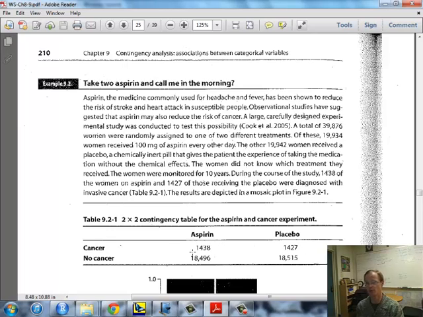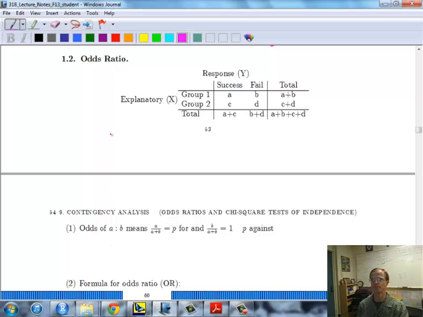So I've got a cancer group and a no cancer group. Now, if you look at the data by eyeball, the proportions in each group are virtually the same. But what does that look like mathematically? How do we check for that? That's what we're going after in this part here.